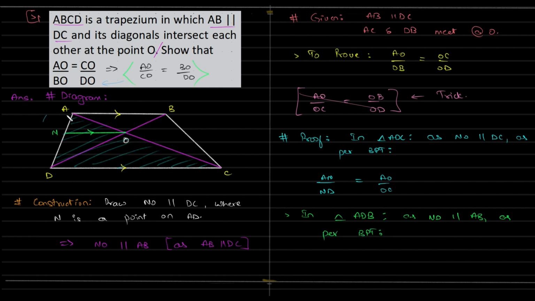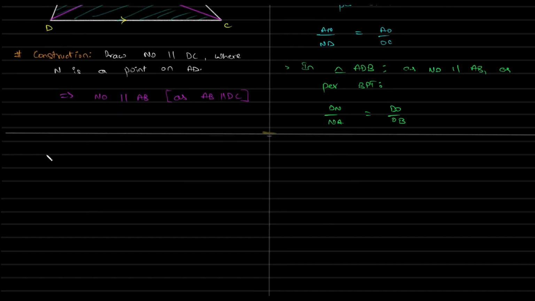We're looking at AN and ND and DO by OB, is it not? But yeah, if you are confused, just turn your book. You'll see that DN by NA is equal to DO by OB. But we want AN by ND. This is DN by NA. So what should you do? You flip both the sides, inverting both the sides.